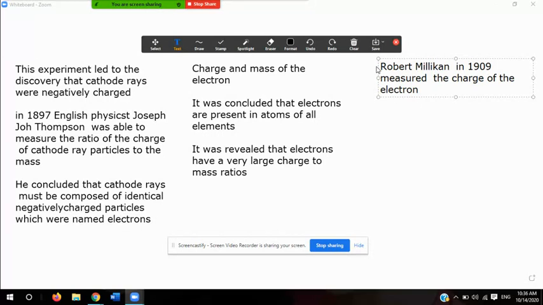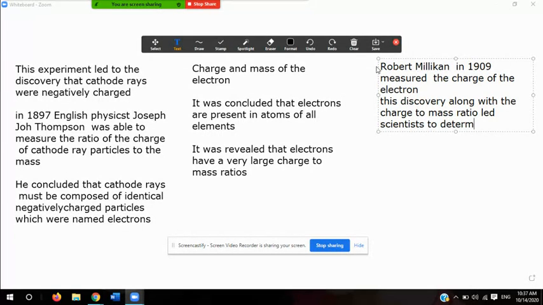This discovery, along with the charge to mass ratio, led scientists to determine that the mass of the electron is about 1/2000th the mass of the simplest type of hydrogen atom.